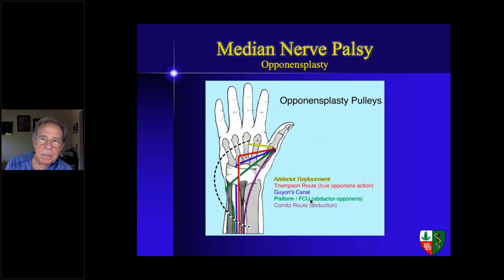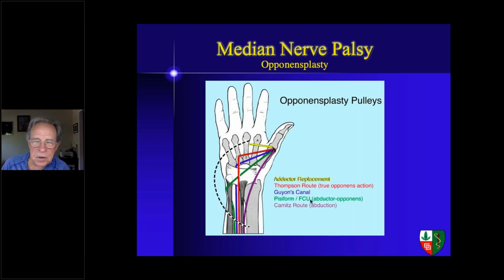Well, if we go to the literature, we can find that there are lots of recommendations. There is an entire small monograph by an author named Rensselaer. It's about 100 pages, and it's all about opposition transfers. So you can appreciate that almost every muscle has been used.